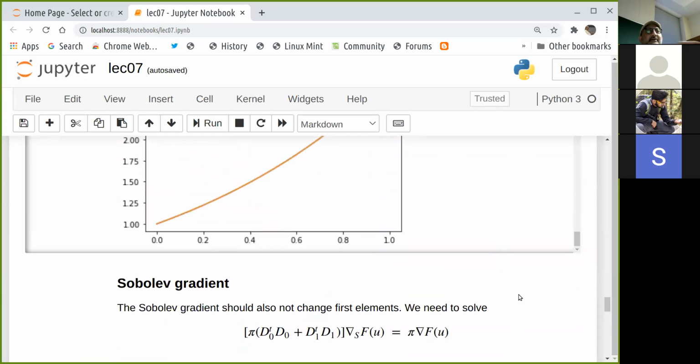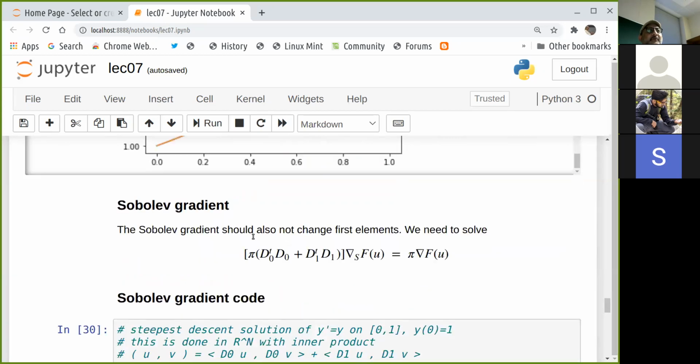So now, what are we going to do? We will go through all the same reasoning that we had before. From the projected Euclidean gradient, pi times the Euclidean gradient, we want to get the Sobolev gradient. You remember you had this equation before, but without the pi's in them.